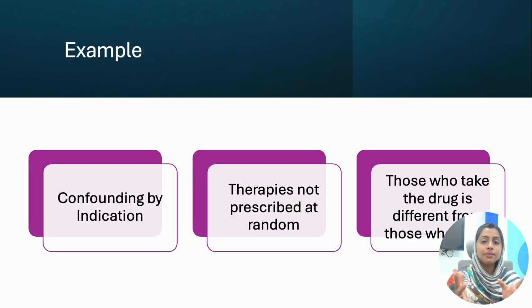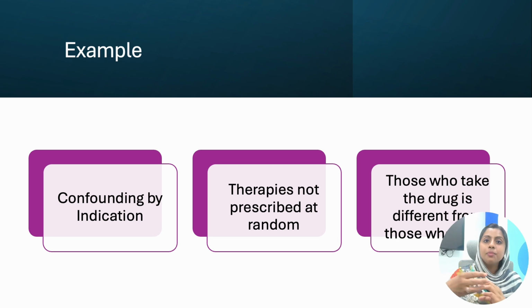Now, let me give an example of confounding by indication. For example, imagine that you set out to see the adverse effect of a particular drug, and you are randomly taking people who take the drug and people who do not take the drug. If you look, the difference between these two groups is not just merely whether they are taking the drug or not.